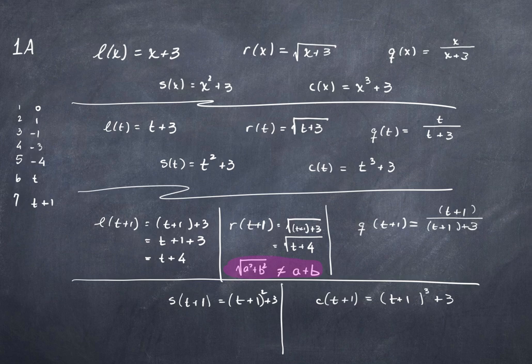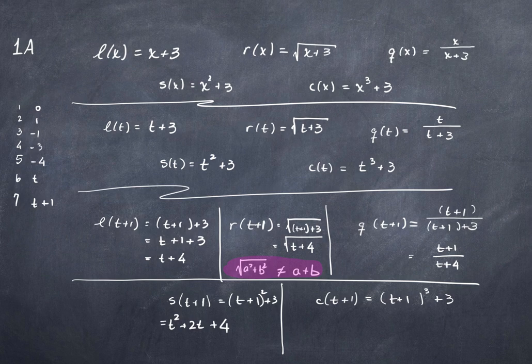Q of t plus 1 simplifies to t plus 1 over t plus 4. S of t plus 1 simplifies to t squared plus 2t plus 4. If you didn't get the same thing, try going back and making sure that you're squaring this expression inside here correctly.